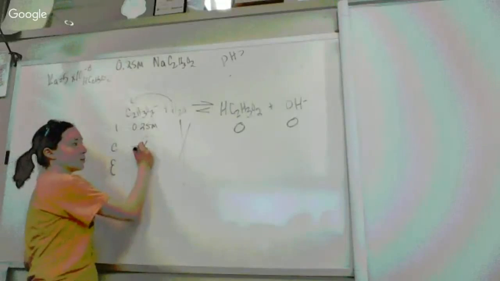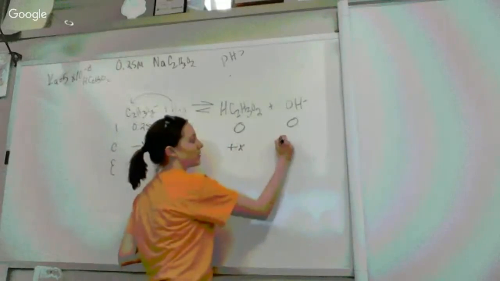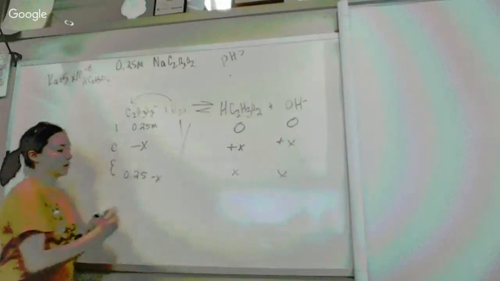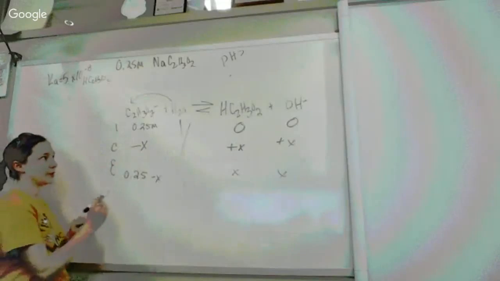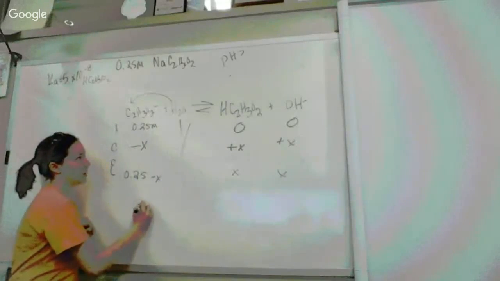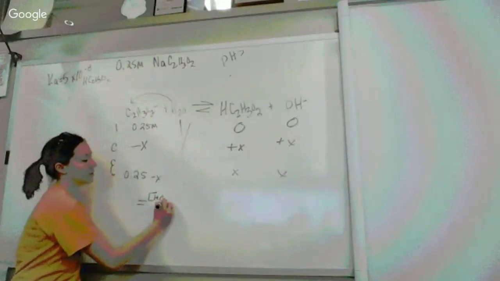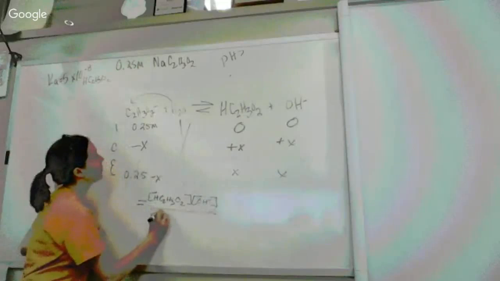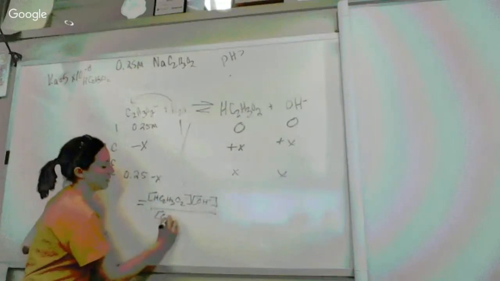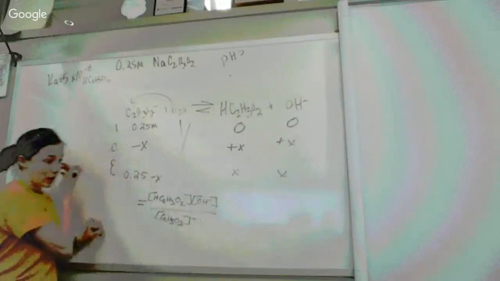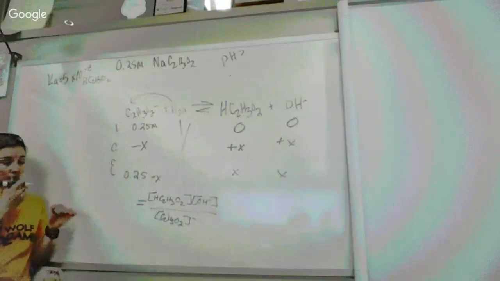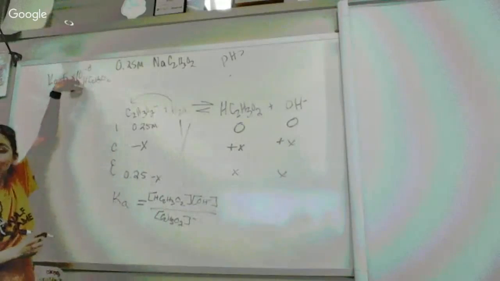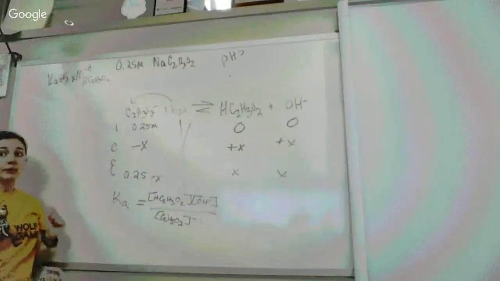So then the reaction has to move forward. Subtract x, add x. If we set this up, my equation is going to have HC2H3O2 and OH minus, and C2H3O2 minus. And if I set here the Ka value that I was given in my problem, it would be bad, right?